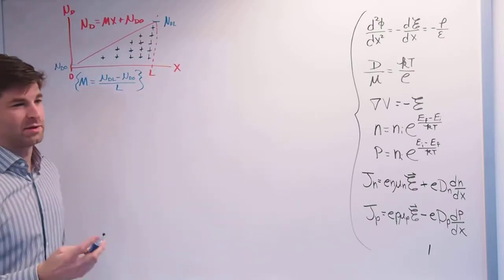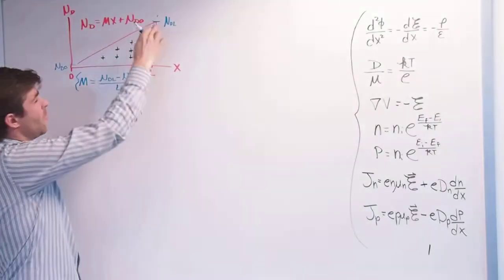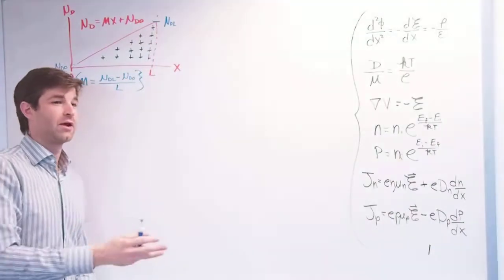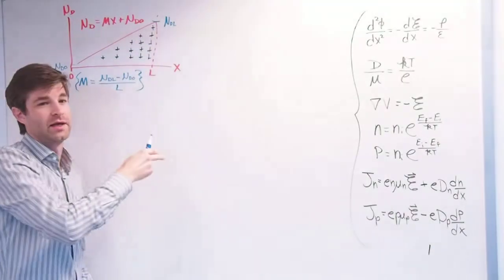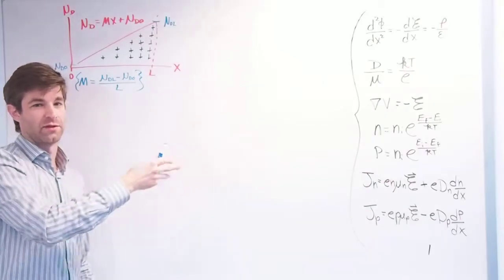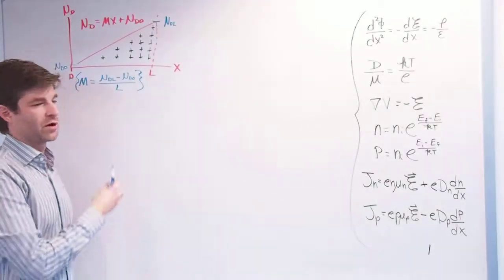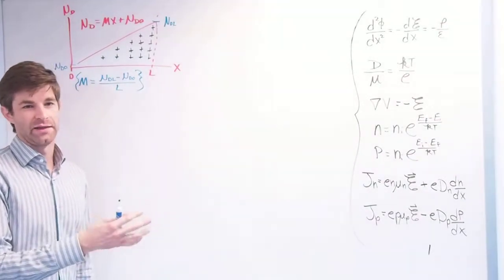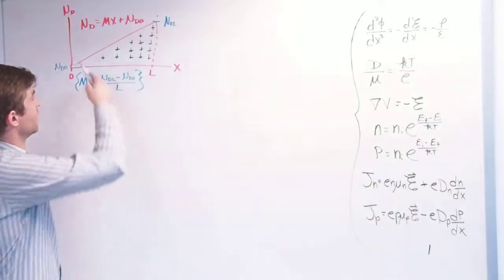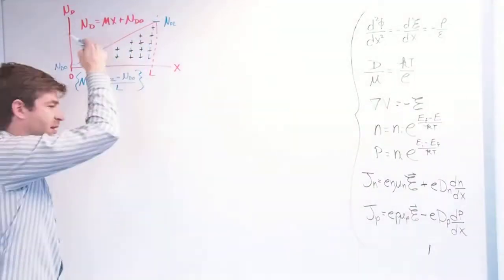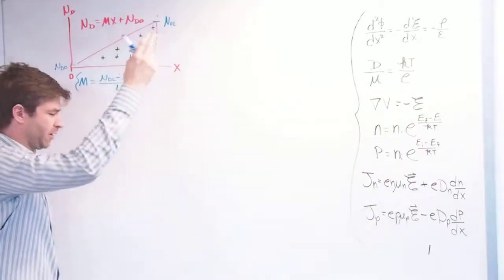Sometimes you may not be given an actual equation for doping, but if they tell you it's linear and you know the starting and the ending doping per some distance, then you can figure it out from there. What we're going to derive today would work for any type of doping gradient: exponentially rising, exponentially decaying, linearly rising, linearly decaying, and so on.